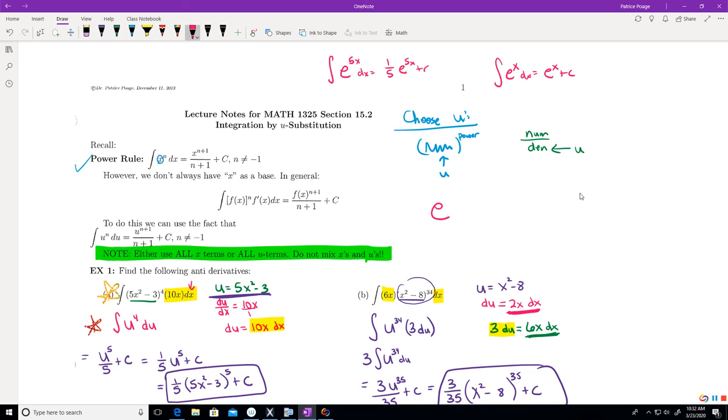So if you have e to a power, and that power is not just x to the 1, if that power is the square root of x or x squared or anything other than x to the 1, then that exponent is your u. That exponent is your u.